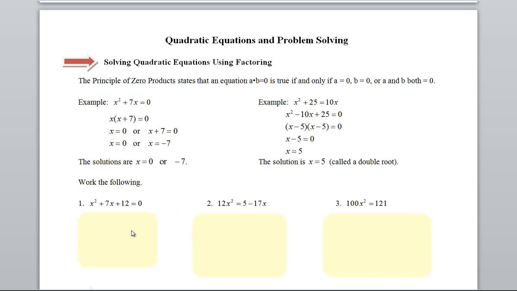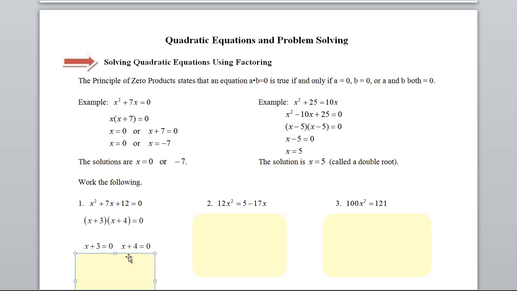Okay? Now in this particular problem, everything's already over to one side, and it's one of those nice kind, so you should have x plus 3, x plus 4, or vice versa. Set them individually equal to 0. Let me pull it on down.